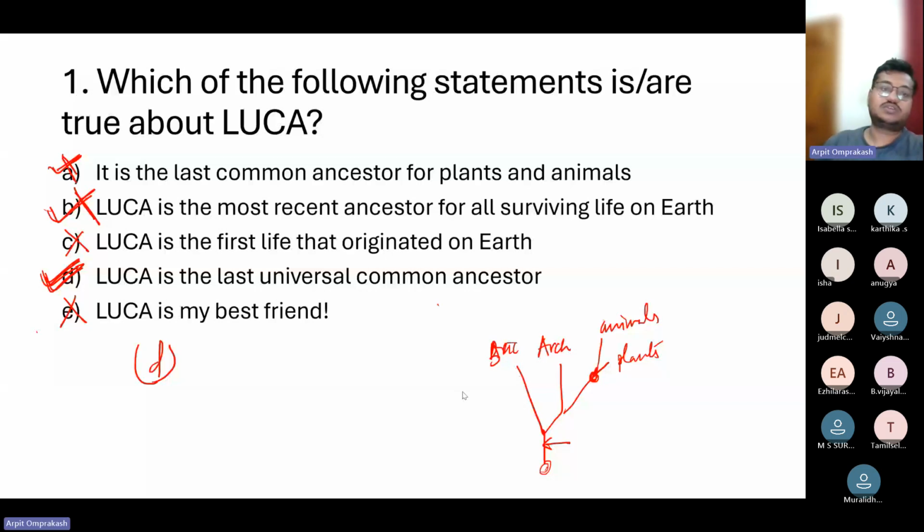Okay. So the second question is, if DNA sequences between two species are similar, that means A, they have diverged more recently. B, they have diverged very early on. C, they are twins. D, they have a common ancestor. Can anyone answer this?